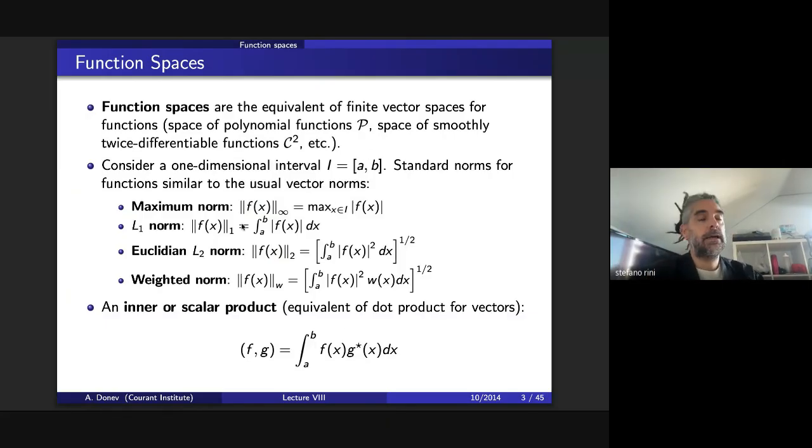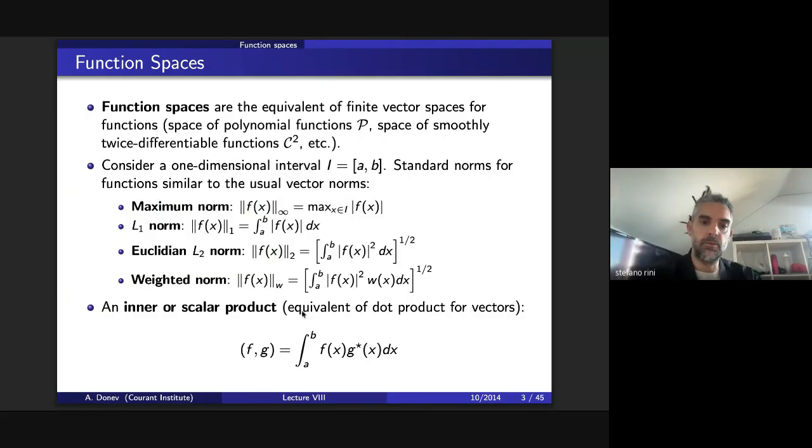Everything is good. And then you know that once you have a definition of the norm, you can always induce an inner product, okay? So if you have to define a space, right, you need a concept of orthogonality. And usually what we do is that we start with an inner product, and then from the inner product, we build the norm as the inner product of a function with itself.